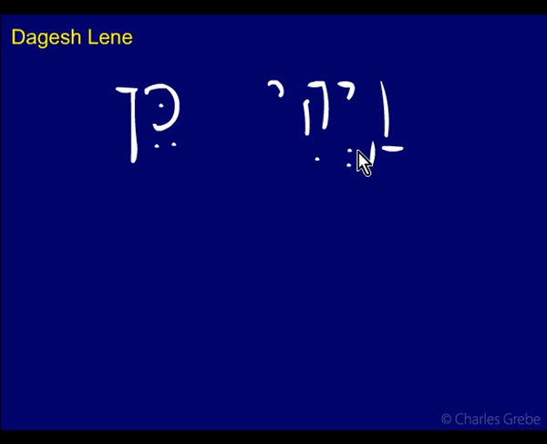Vayhi means and it was. So, and it was so. When you have these two together, then Dagesh Lene disappears. So let's get rid of it. So even in the presence of a vowel that is in the preceding word, Dagesh Lene takes off. So it's not that strong.